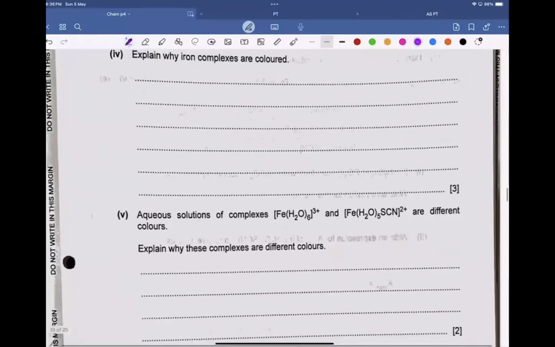Okay. Now part 4. Explain why iron complexes are colored.